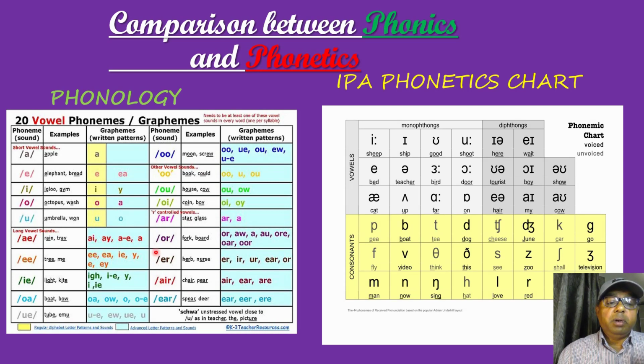So the young children learn phonics first, and it helps them enormously to improve their reading, spelling and pronunciation as well. So we are going to talk about phonics, not phonetics, which is much more difficult.